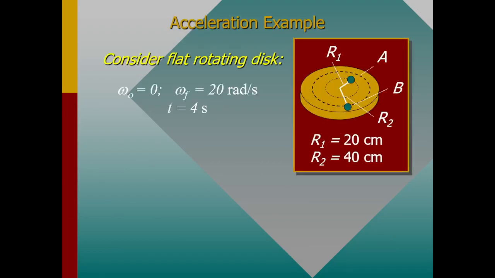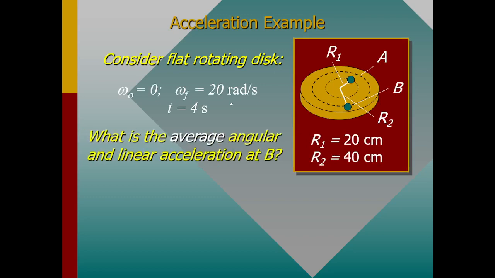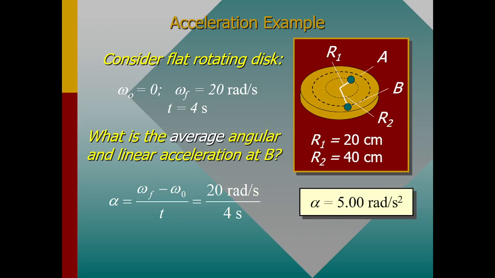For linear acceleration, consider the flat disk. For that, you first find the angular acceleration: 20 rad per second over 4 seconds gives you an angular acceleration of 5 rad per second squared. Remember, we need the angular acceleration.